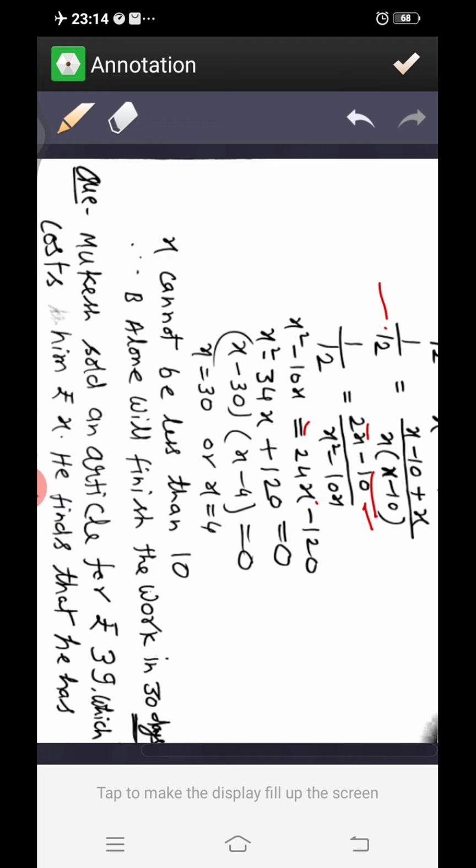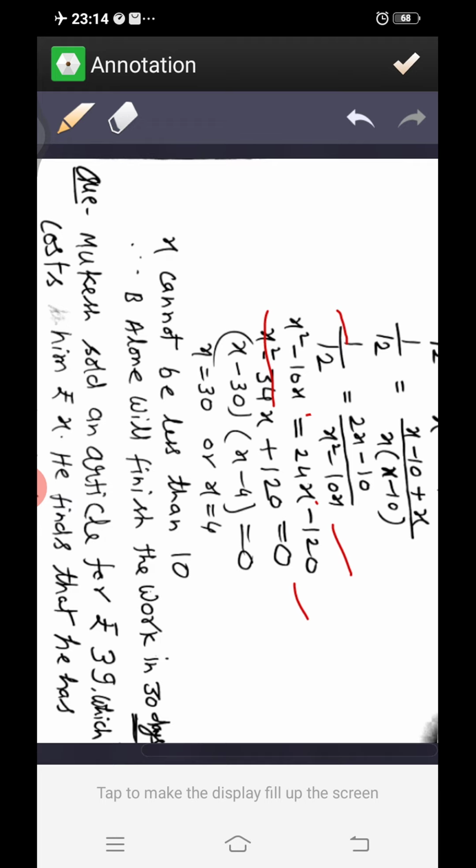Then we do cross multiplication. So we get x square minus 10x multiplied by 1, that is x square minus 10x, and 2x minus 10 multiplied by 12, that is 24x minus 120.